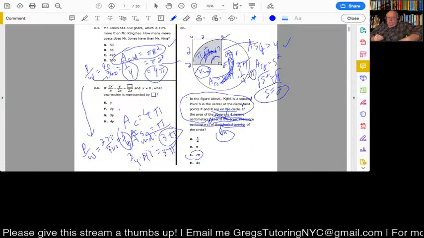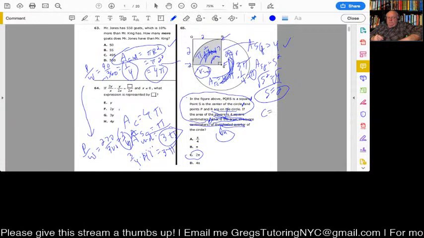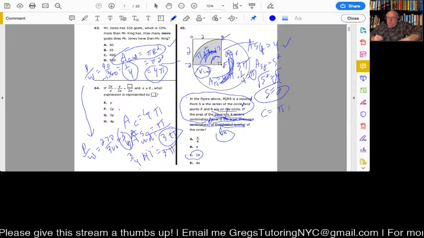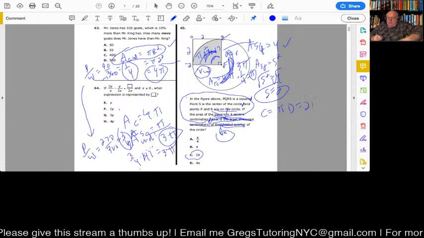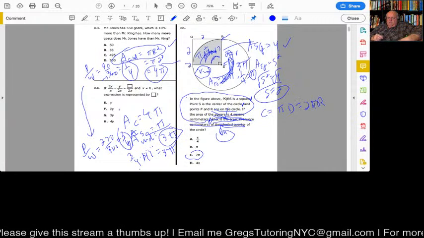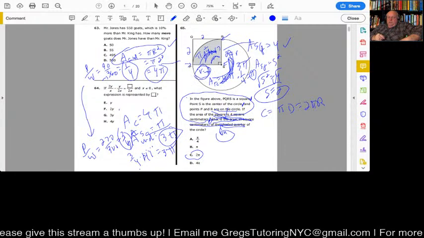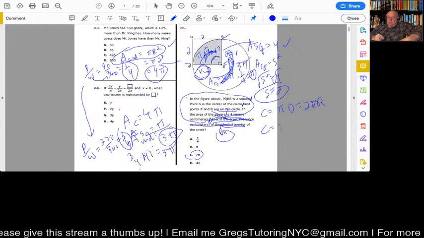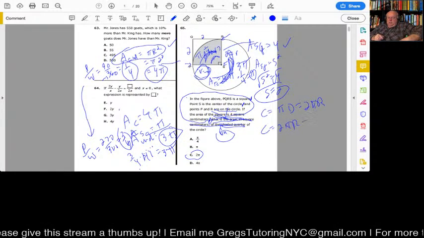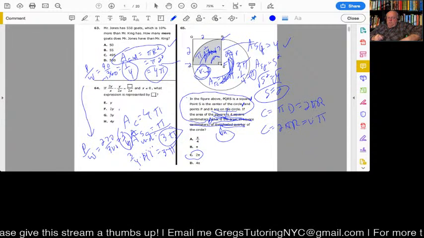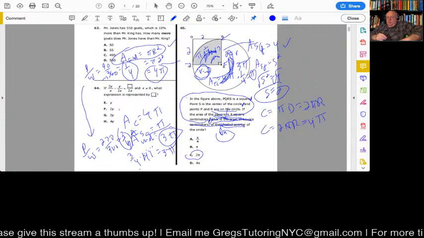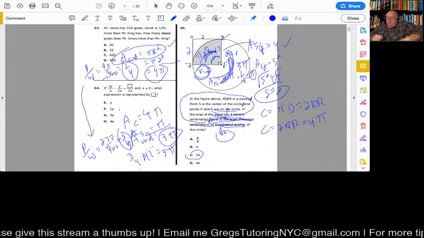Right? So circumference equals pi d or 2 pi r, right? So we know what r is. We computed r was 2. So we would just get 2 pi times 2, and that's also equal to 4 pi. Okay? So the whole circumference of the circle is 4 pi.